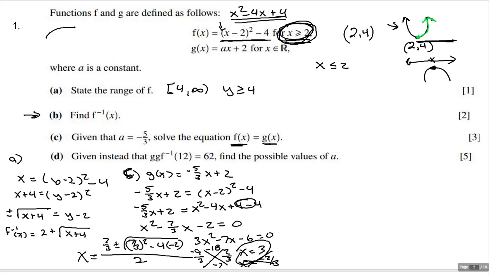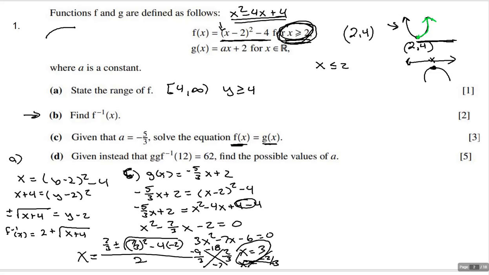With a number, basically what this means is I'm going to put a 12 into the inverse, and then I'm going to get an output. And then the output is going to go into g, and then I'm going to get another output, and that should equal 62.